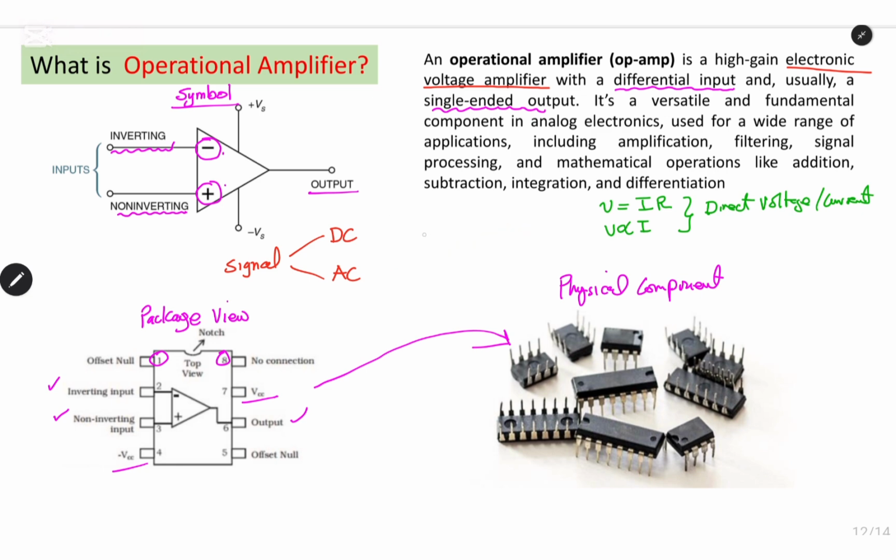And to give a small example, I will draw the non-inverting and the inverting input. So if we connect the non-inverting to the ground, and the input and the output, for such a circuit, if the input is connected to a positive source, since it is connected to the inverting, the output will be negative.